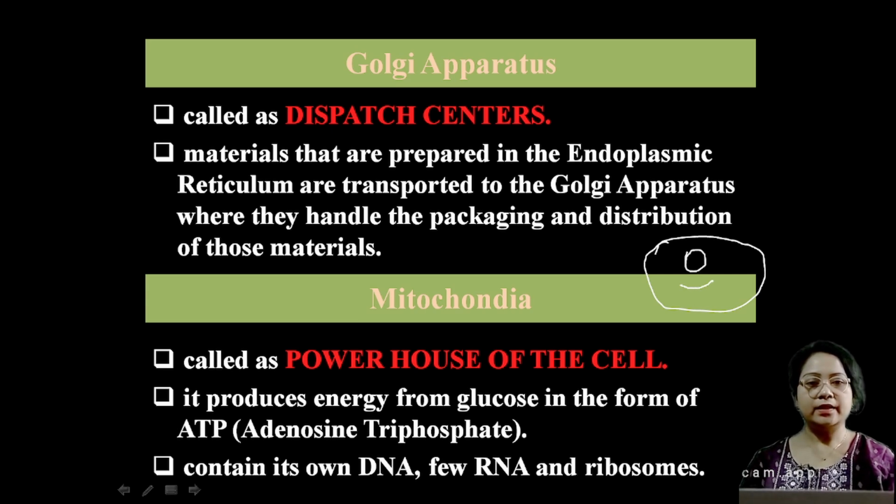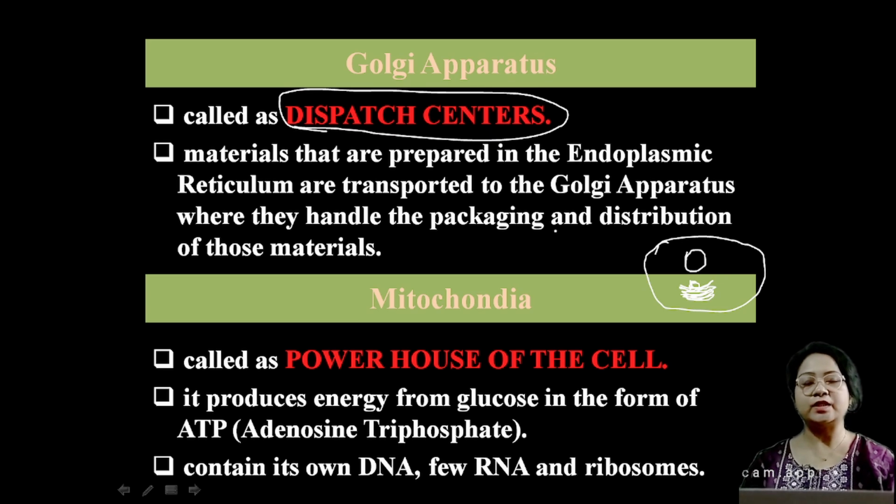It will be floating in the cytoplasm of the cell. So you can find the Golgi apparatus in this way. What is the main function of the Golgi apparatus? The Golgi apparatus handles the packaging and distribution of materials that come from the endoplasmic reticulum, either protein or fat molecules, and they are also called the dispatch centers because they distribute those materials to the various parts of the body.